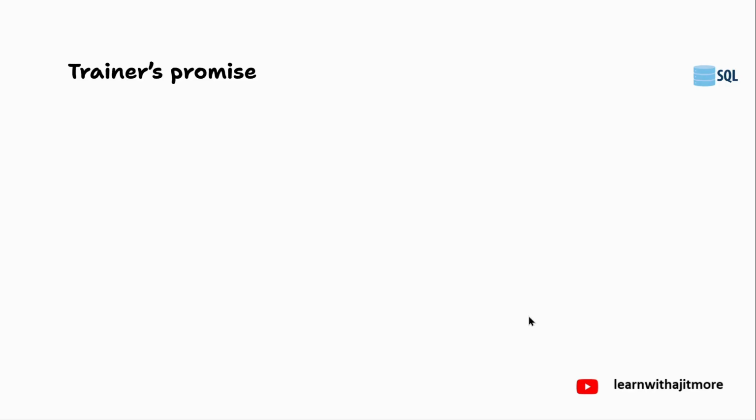Getting? Now, my promise from my side, at the end of the course, surely you will be able to solve complex queries which most interviews ask. Generally, in most interviews, they ask related to window functions or joins. They will ask related to stored procedures and all, how indexes are beneficial.